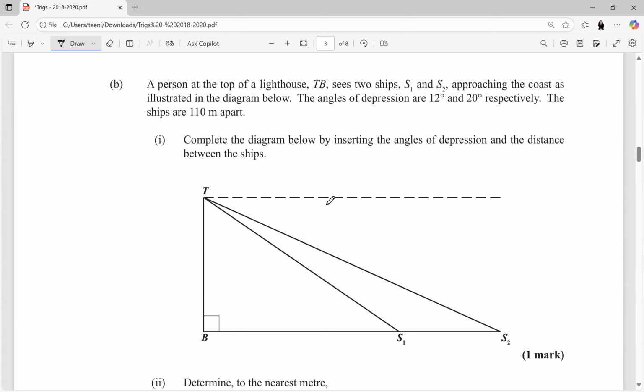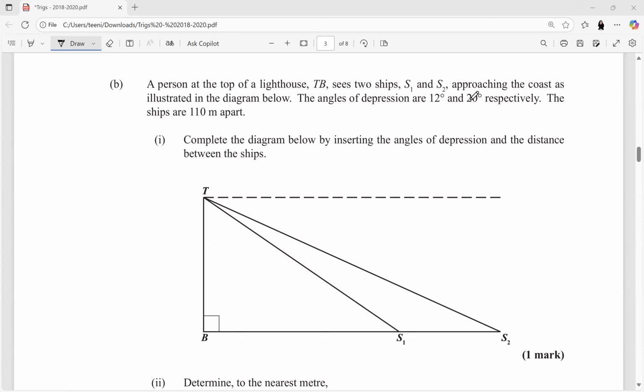A person at the top of a lighthouse, TB, so this is the lighthouse here, the straight line, sees two ships, S1 and S2, approaching the coast as illustrated in the diagram below. The angles of depression are 12 degrees and 20 degrees respectively.